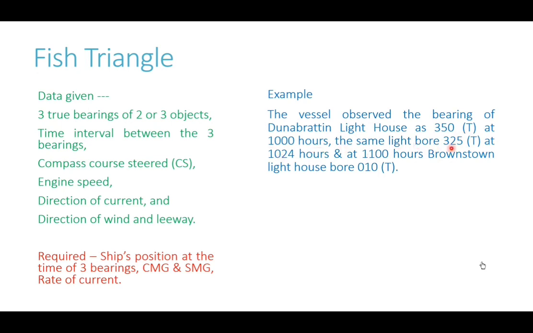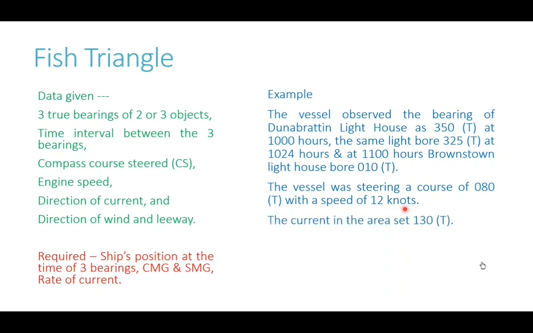The same light bore 325 at 1024 hours, and at 1100 hours, Brownstone lighthouse bore 010. The vessel was steering a course of 080 true with a speed of 12 knots. The current in the area set 130.